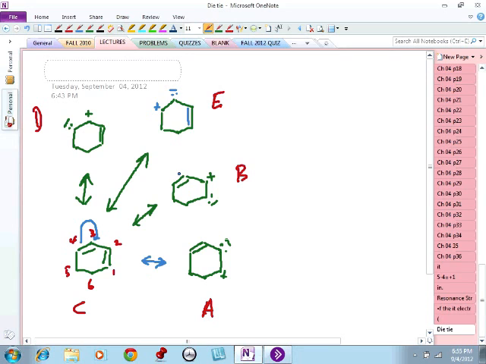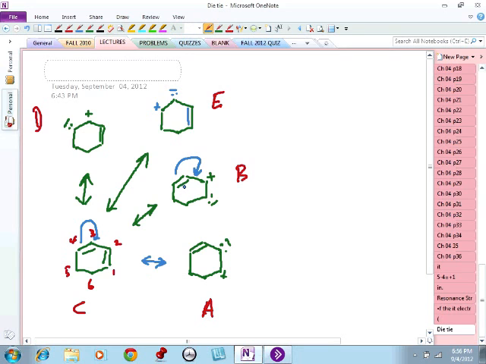This carbon has an empty p orbital. That is what the positive charge is telling you. Keep in mind, when we were dealing with hybridization, you have the p orbital. So there's an empty p orbital here, and you could move the electron into there. Therefore, we could do this.